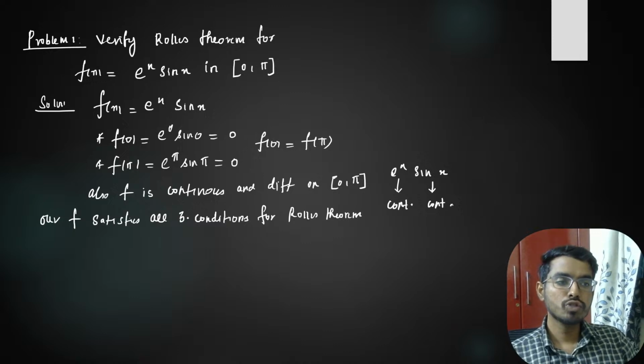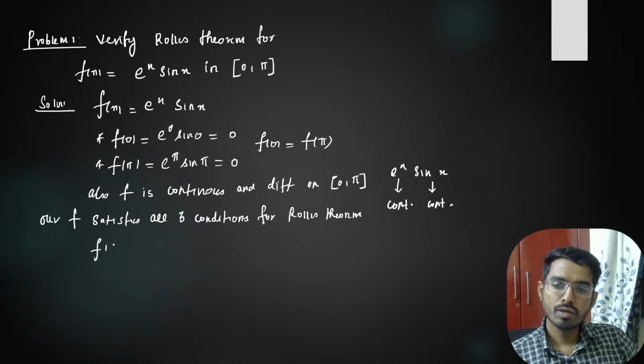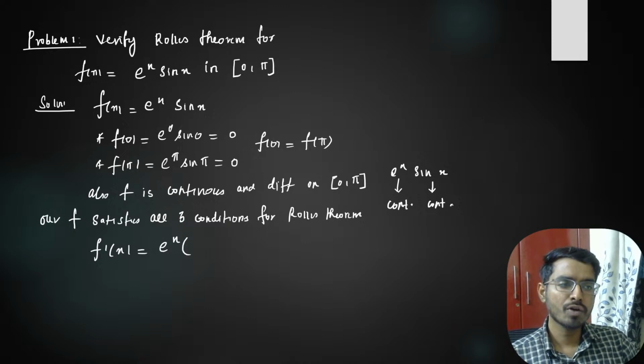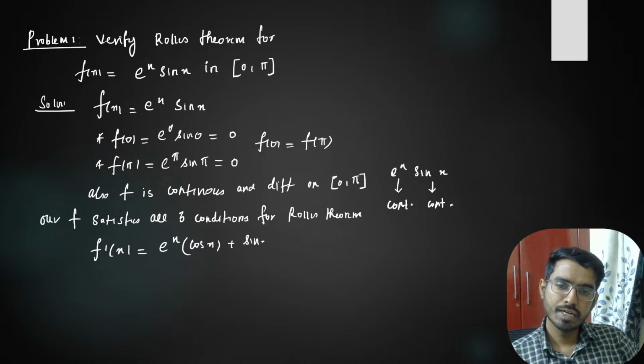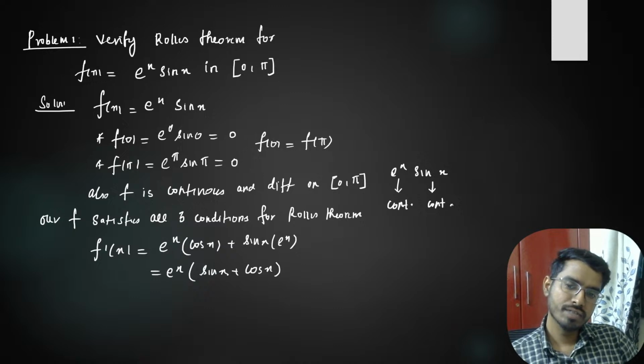That means we need to show that there exists a number c in this interval whose derivative is 0. Let us try to find f dash of x. Just differentiate this using the product rule. If I differentiate sin x, it is cos x, plus differentiate e power x. So let us take e power x outside. We will have sin x plus cos x.